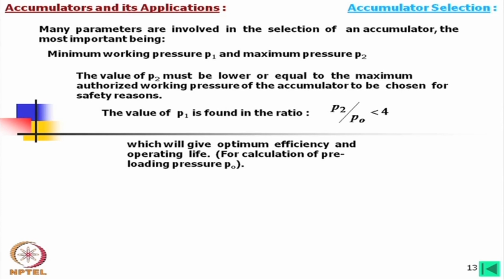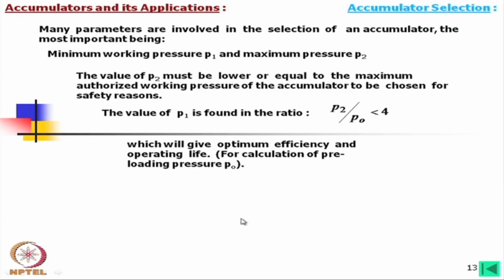It will be less than the working pressure, but when the pressure works on that bladder or the gas, that pressure will rise, and may rise a little above the P 2. It is designed in that way, which will give optimum efficiency and operating life, for calculation of the preloading pressure P 0. This is called the preloading pressure P 0.